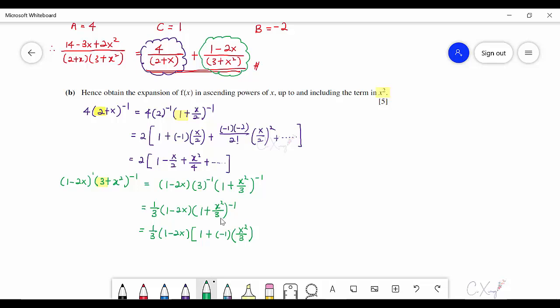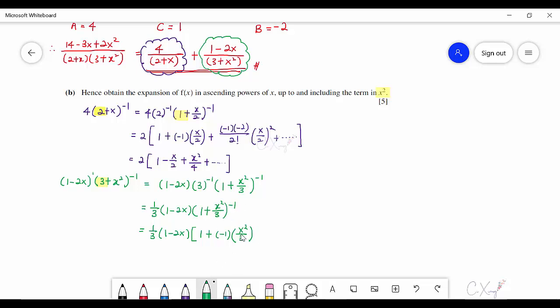If you try to expand until the next term, you will have x to the power of 4, which already exceeds the power that they want. So for this part, I will only expand until here.